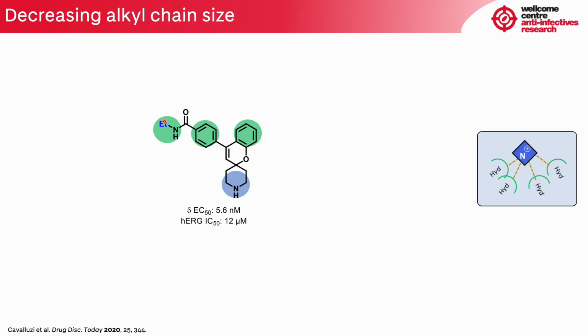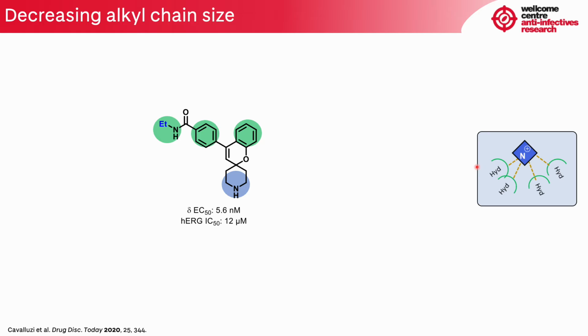One of them is an alkyl chain. If we can reduce the size of this alkyl chain or remove it altogether, we are diminishing or eliminating one of those hydrophobic binding units. Therefore, we can try to reduce the hERG inhibitory activity of this molecule.